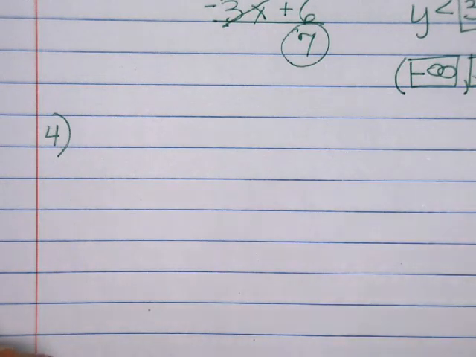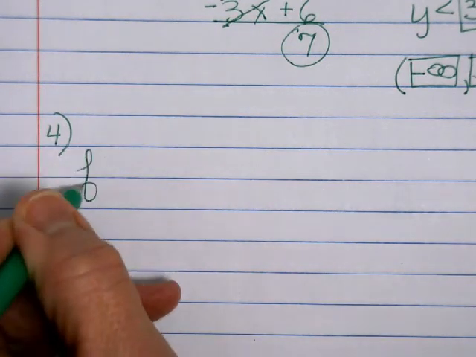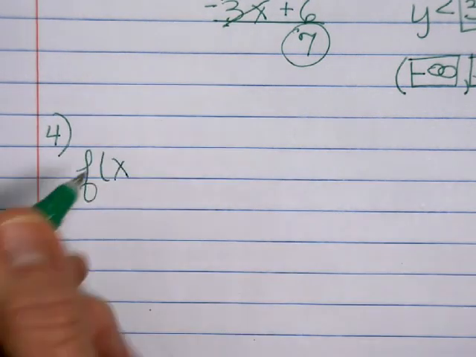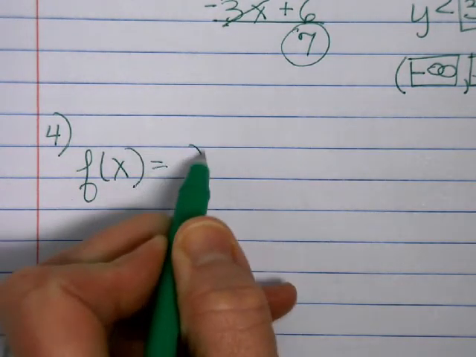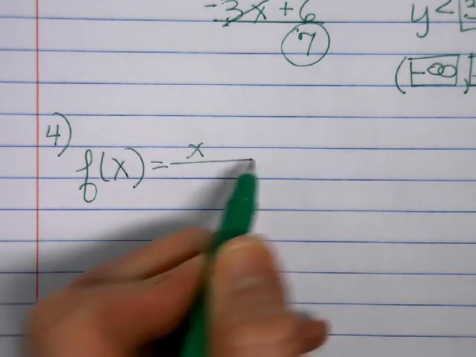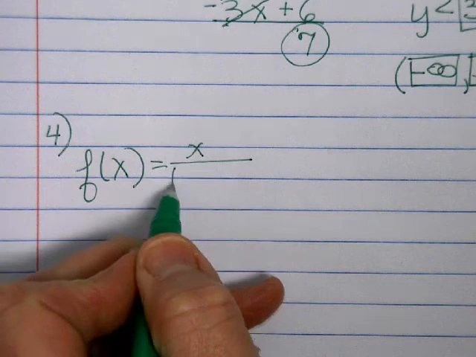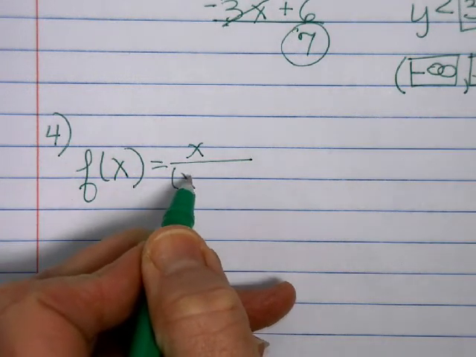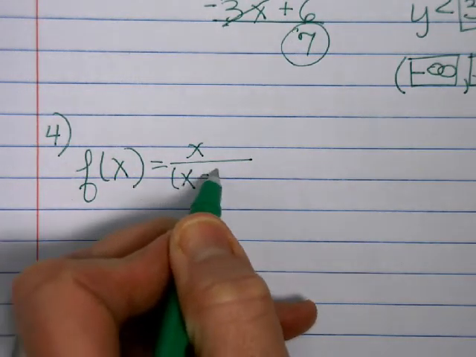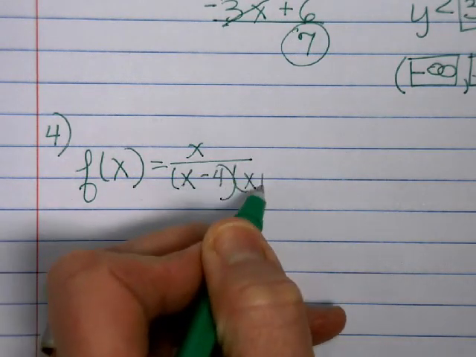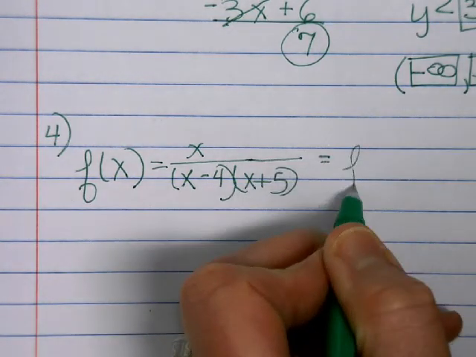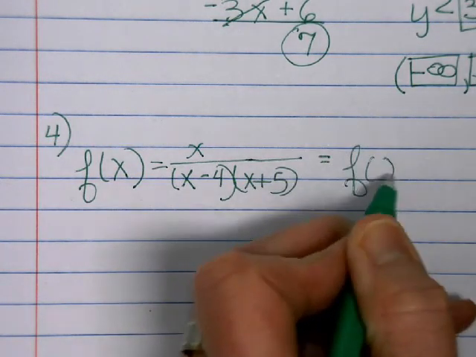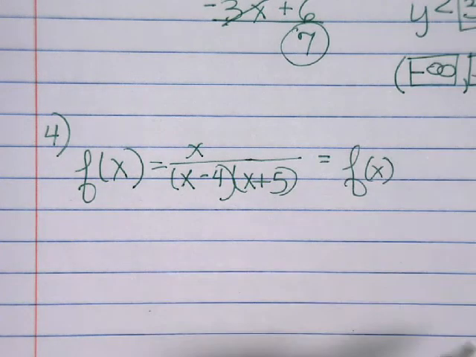Okay, we'll do one more for the good of the cause. It says divide the numerator by the denominator and write the function in the form where quotient comes first. So my original function, and then they want to know the range. Original function is x over, oh, they even have it factored for me. That's nice. x minus 4 times x plus 5.